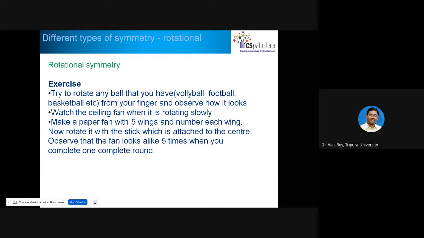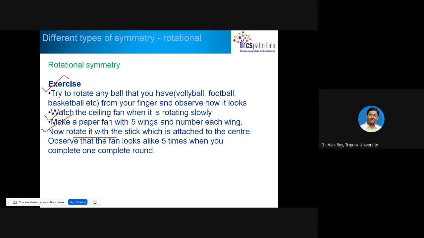You can give exercises to your students, like trying to rotate any ball that you have, like volleyball, football, basketball, from your finger and observe how it looks. Or watch the ceiling fan when it is rotating slowly. Or another activity: make a paper fan with 5 wings and number each wing.